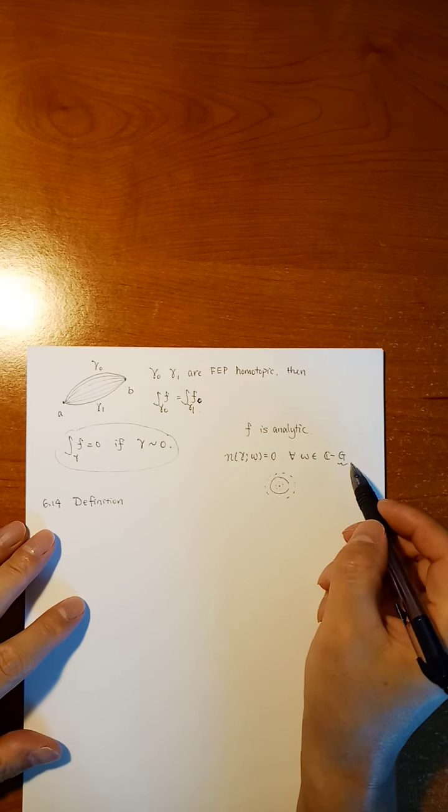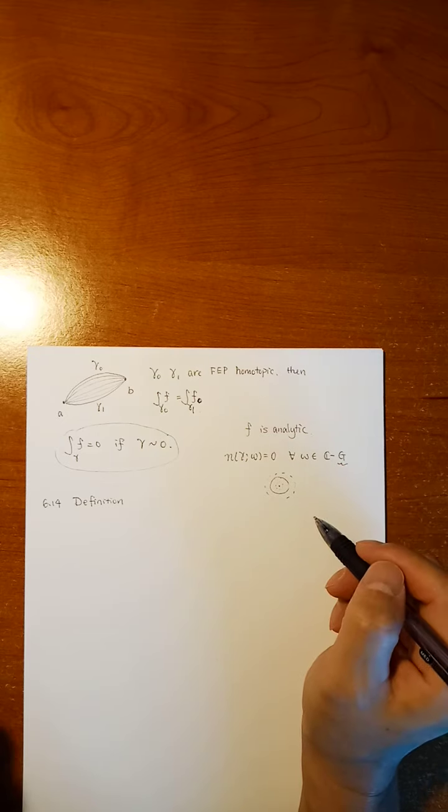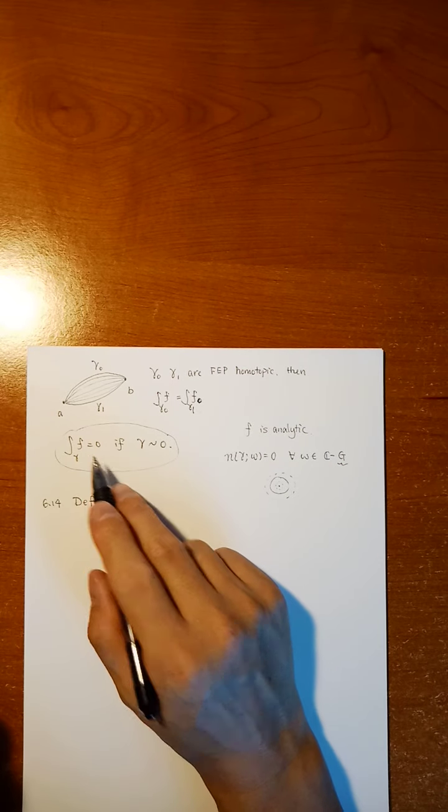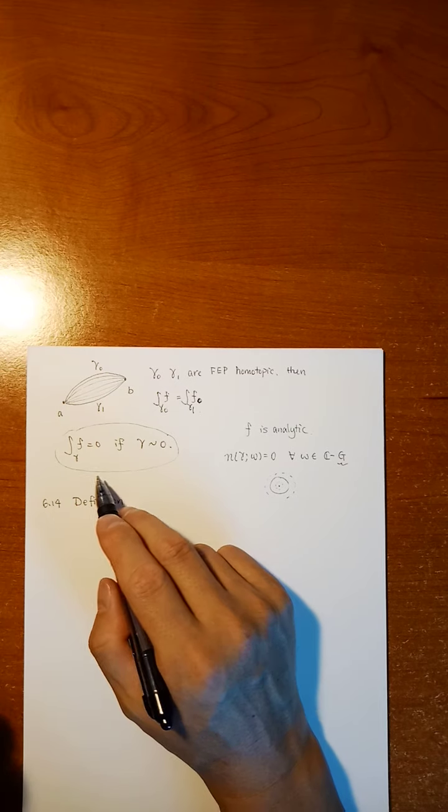All right, so we want to give a name to a region G that guarantees the Cauchy theorem.